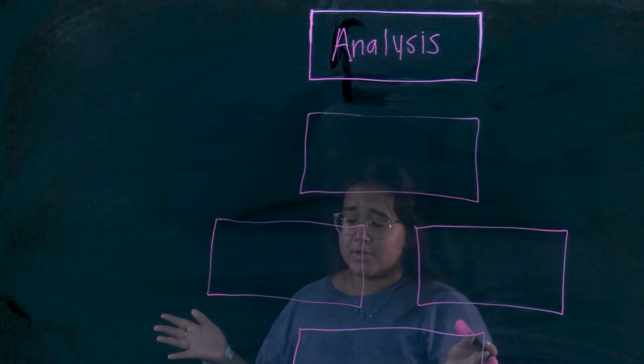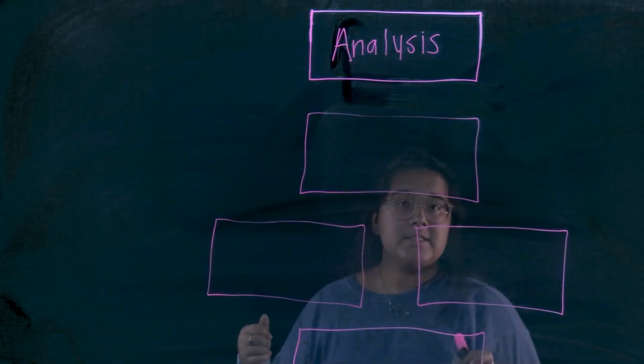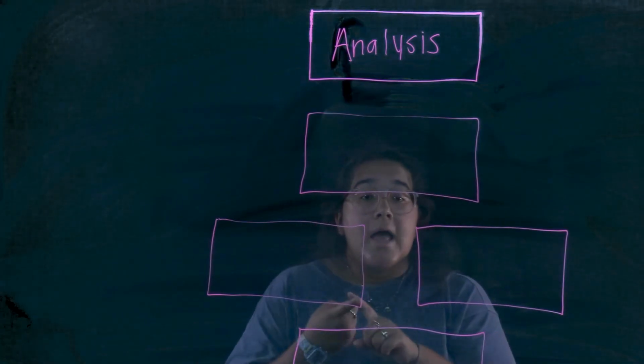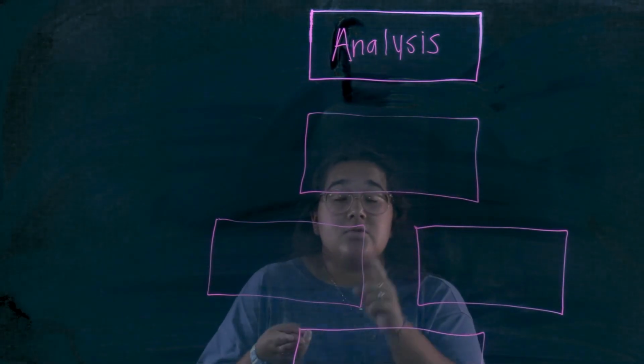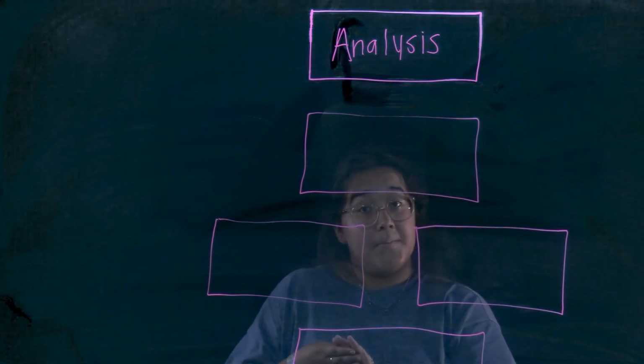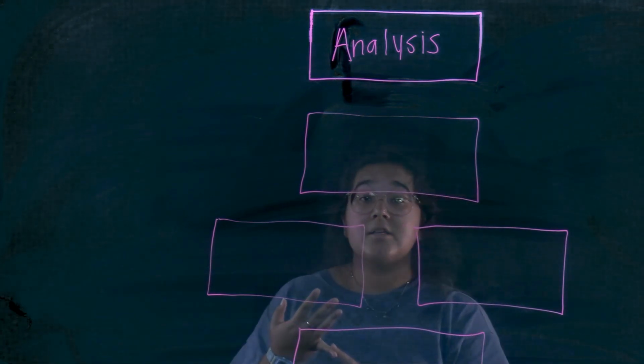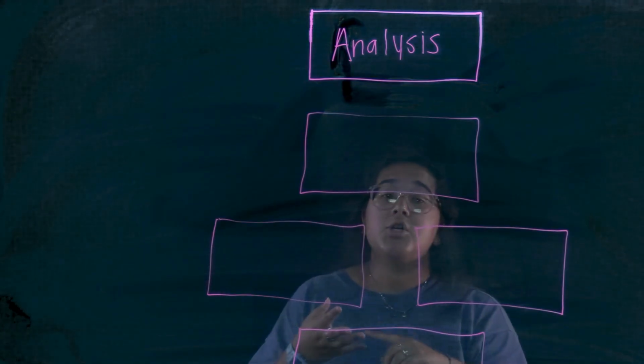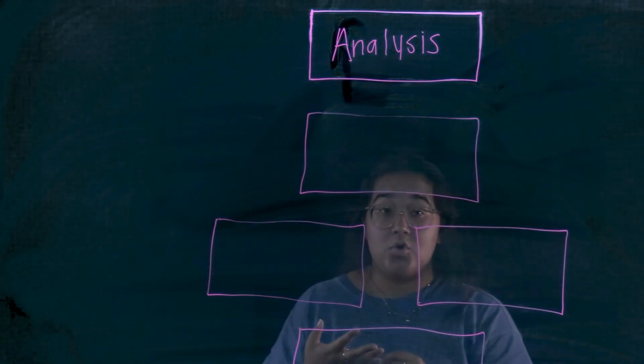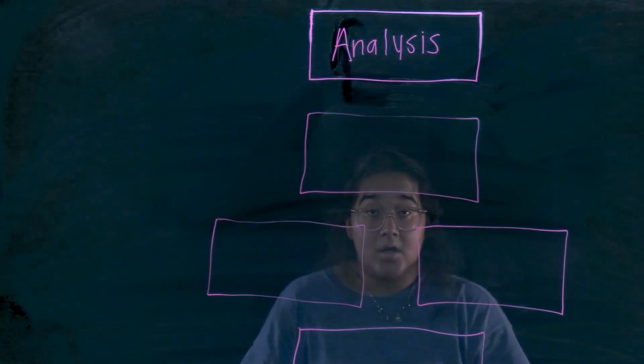So again, for our apple experiment, let's say we tested our apples in ice water, apples in lemon juice, apples in a container, and our control apples. So again, we're comparing our special apples to our control apples, our plain apples.